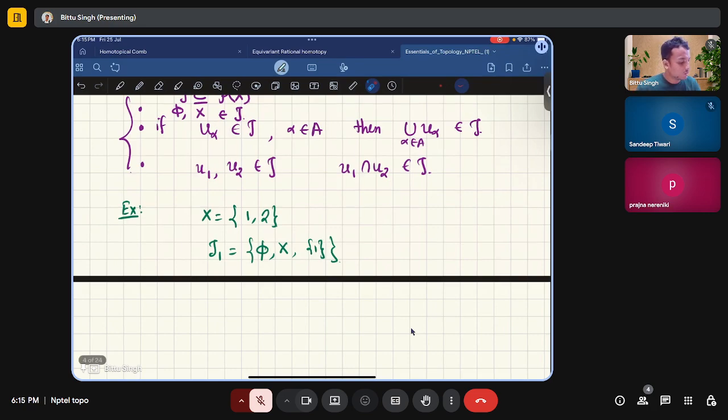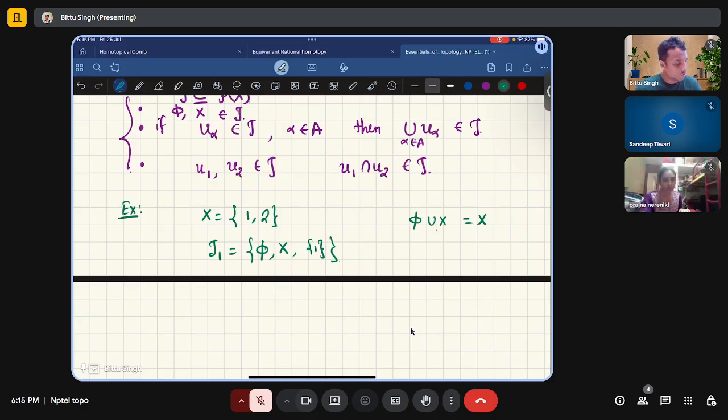If we take the union of those two things, the union of the empty set and X is X, right? Empty union X is X. So this holds. Similarly, X union {1} is again X. A union with X will always be X because X is bigger.